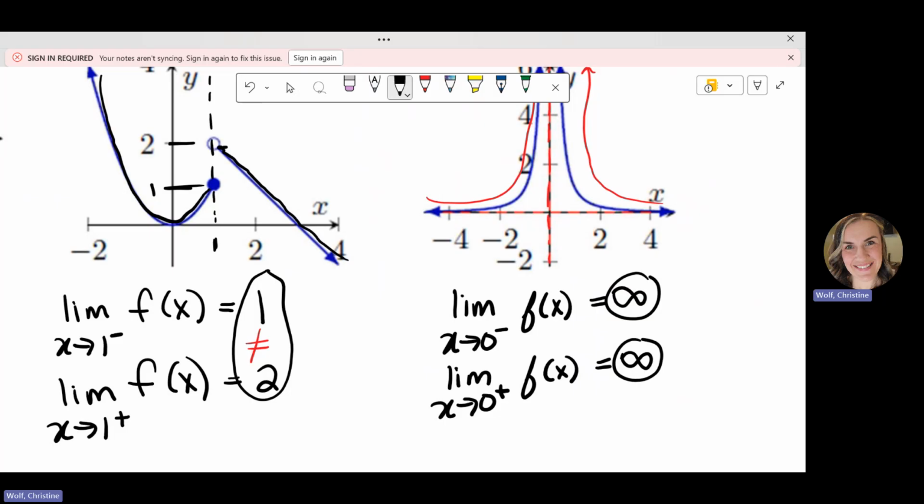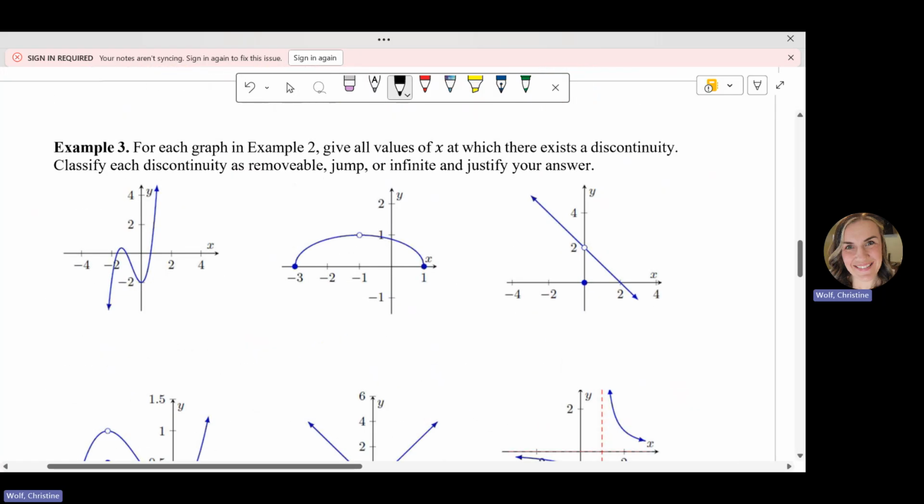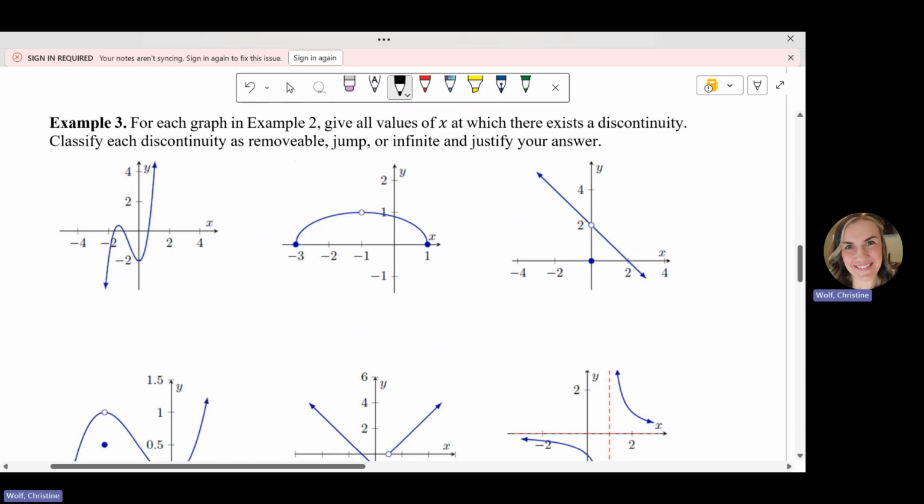Okay, so now that we have those down, we're going to go to our next page here. And these are those same graphs from Friday. What we're going to do is look at each and every graph here and determine if there exists a discontinuity, and if so, classify it as removable, jump, or infinite. And if it's one of these three, we have to justify, so we have to show what's happening in order for it to be that type.